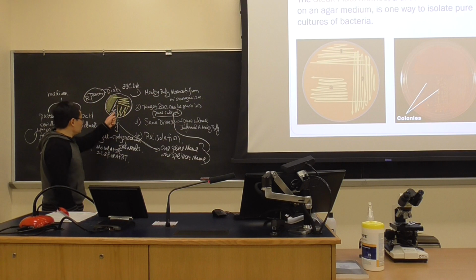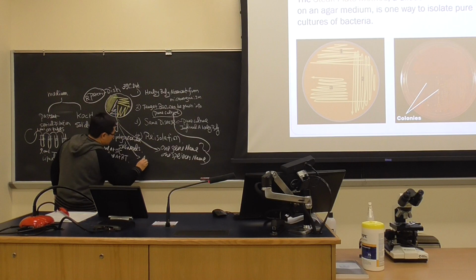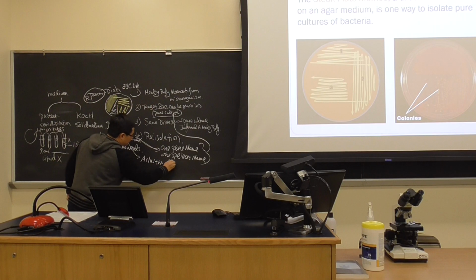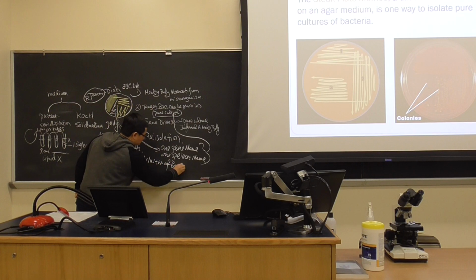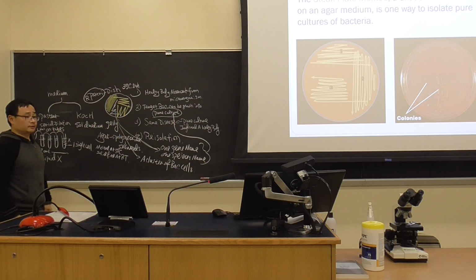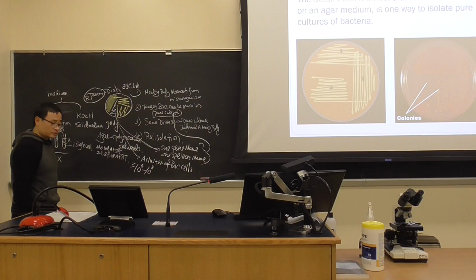And then you see this colony. This colony is a cluster of bacterial cells. How many are there? That's huge. More than 10 to the power of 6 to 10 to the power of 8 cells.